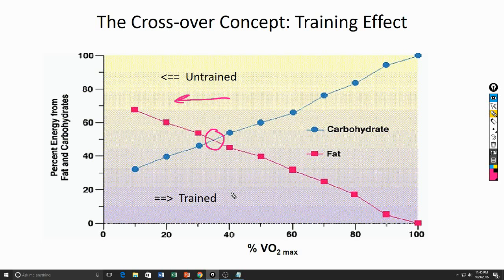Because a trained person, their body is developed and adapted to preserve carbohydrates and burn fat. So you could guess here, you see the same, all right? If I'm more trained, the crossover point might be somewhere like here or here. Okay? The further that crossover point is, the better it's going to be for preservation of carbohydrate. Because if I'm using less carbs, I'm able to store more of it. It's just that simple.